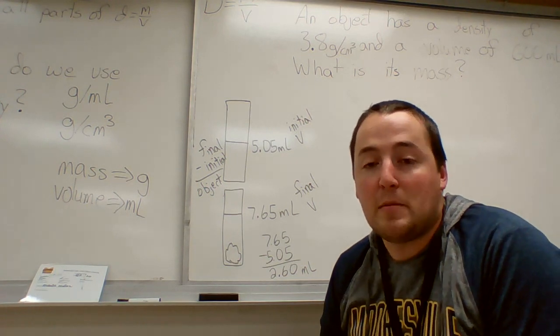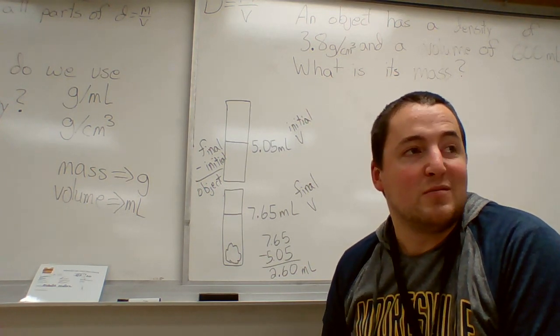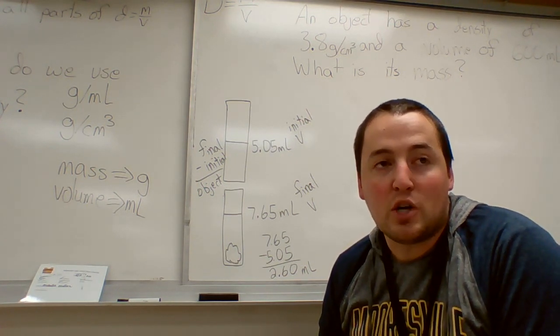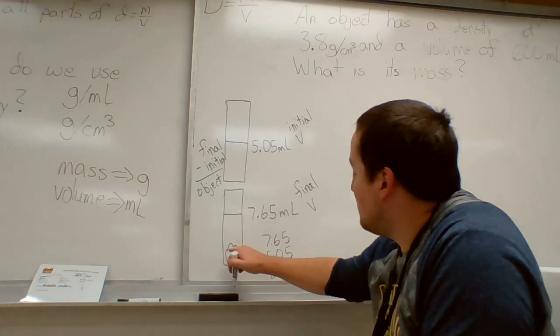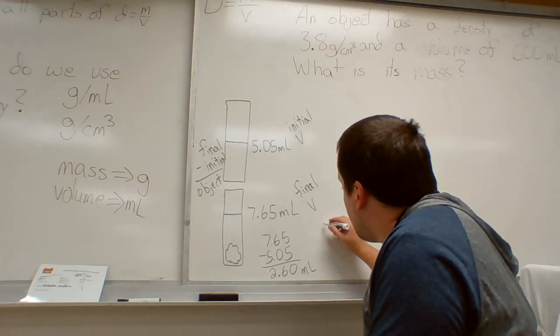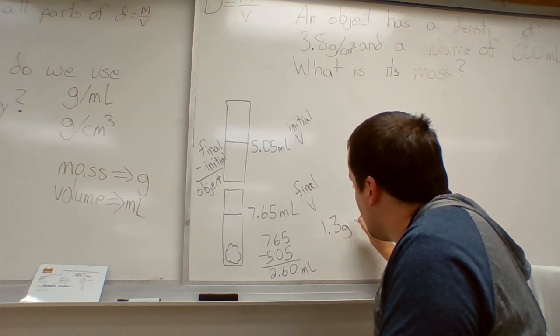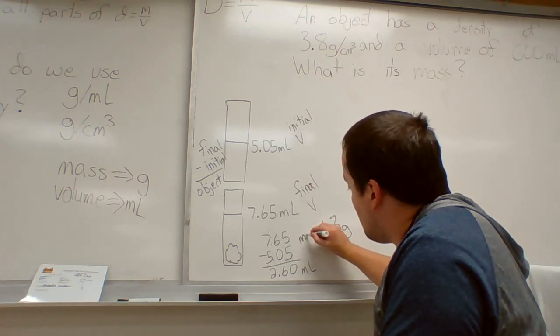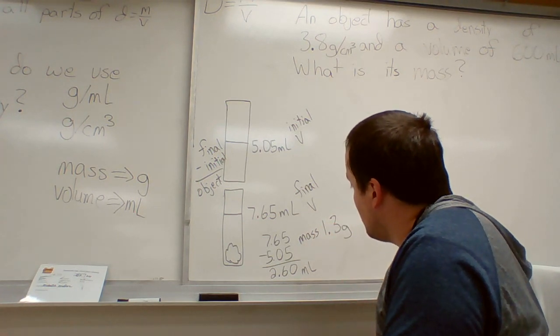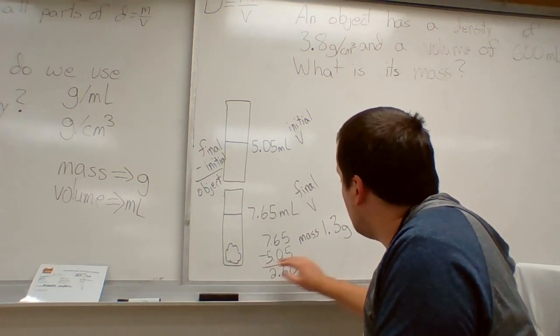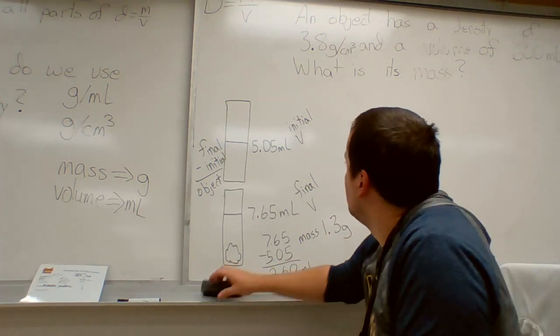Now, like I said, finding the mass is easy, so they just take it, put it on a scale, it gives them a mass. So let's say this object, they found out, had a mass of 1.3 grams.